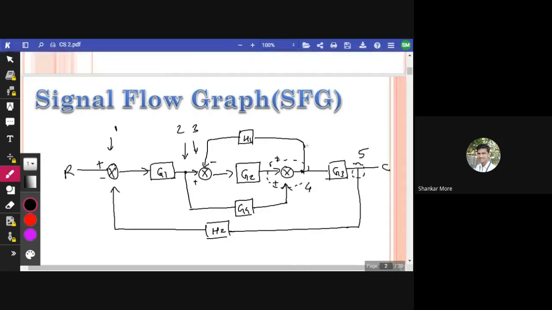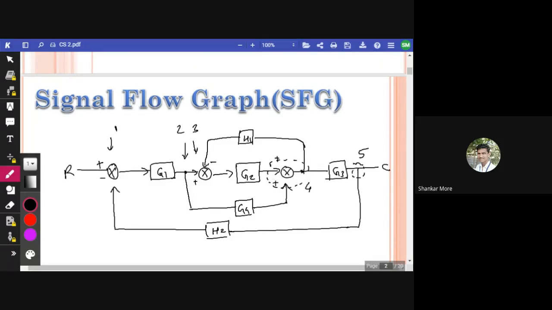Now, you might have a question: sir, for a summing point we took one node, for a takeoff point we took one node, again for a summing point we took one node, and for a summing point and takeoff point we are taking one node only here.